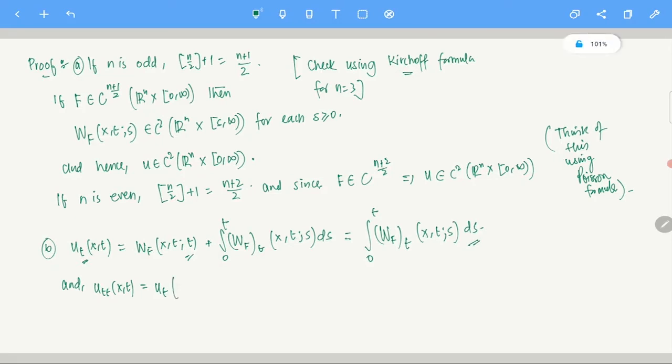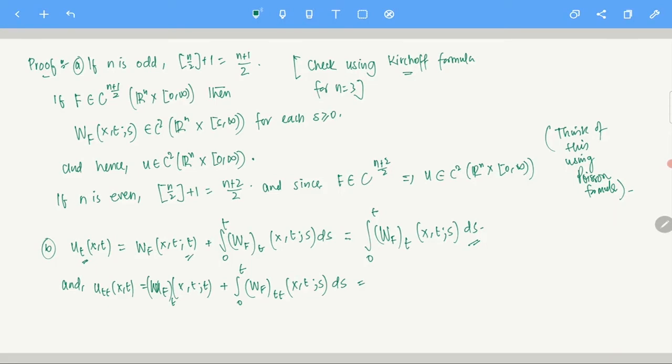u_t of w_f with respect to t of (x,t), plus the integral from 0 to t of w_f with respect to tt of (x,t;s) ds, okay, so that is equal to capital F of (x,t), plus, let me write it properly.